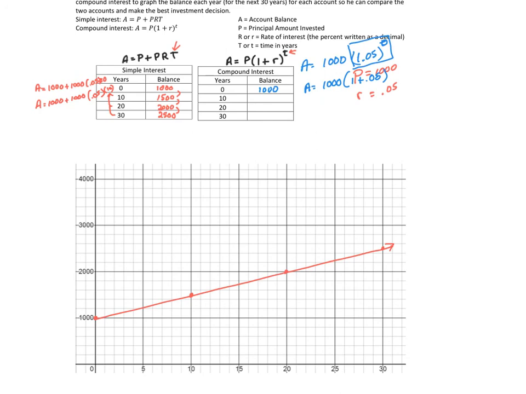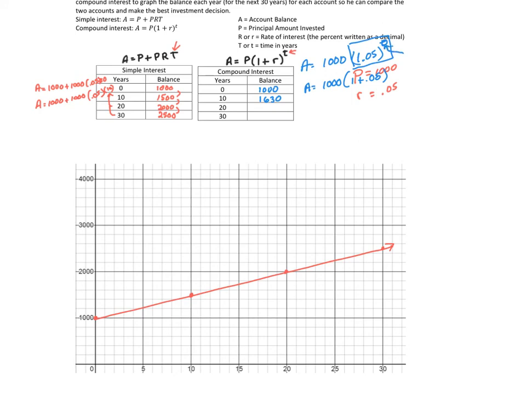I got $1,628.89. So let's round that off to 1,630 approximately. All right. For 20 years, I'm going to change the exponent now to 20. I'm not going to rewrite it.